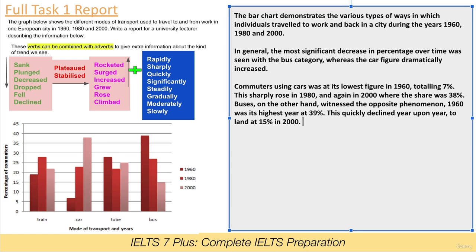Okay, so let's read this back and maybe we can add something here. Commuters using cars was at its lowest figure in 1960, totaling 7%. This sharply rose in 1980 and again in 2000, where the share was 38%. Buses, on the other hand, witnessed the opposite phenomenon. 1960 was this group's maybe highest year at 39%. It quickly declined year upon year. We could add 1980 maybe.